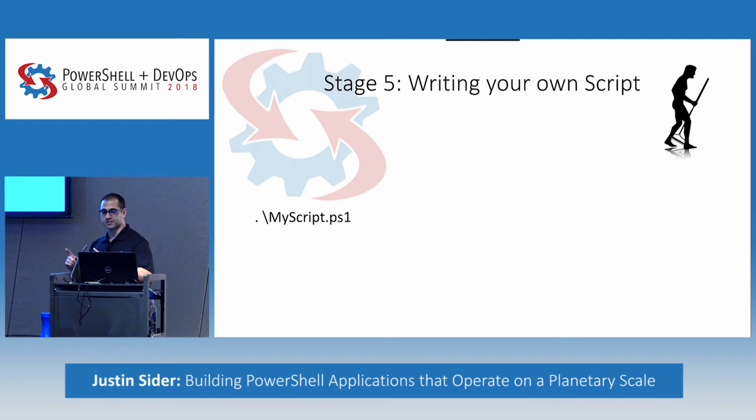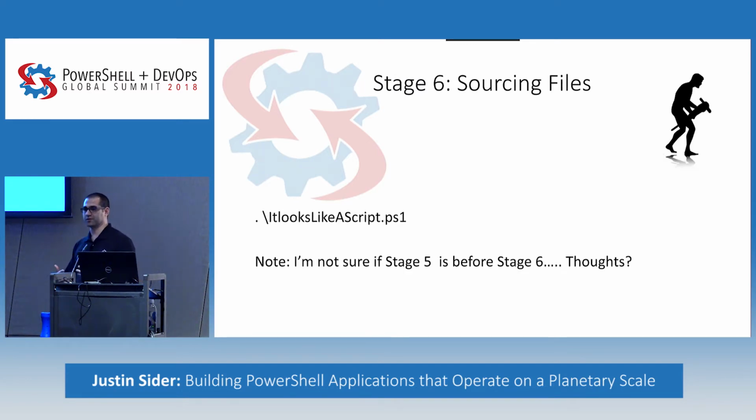All right, so stage 5 and 6, and you'll see it on the next slide. I'm not really sure which one comes first. So you have writing your own script, and then stage 6 would be sourcing files, right? So any feedback on what you guys think would come first? I don't know. Okay. And how many folks source files? Okay.